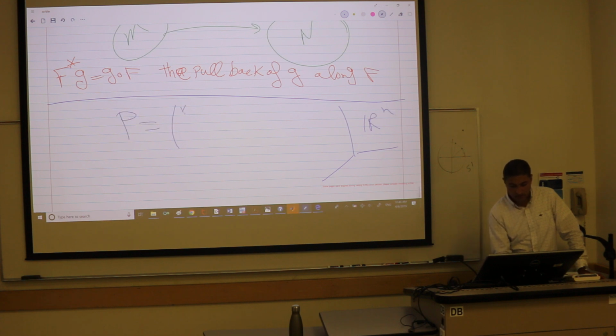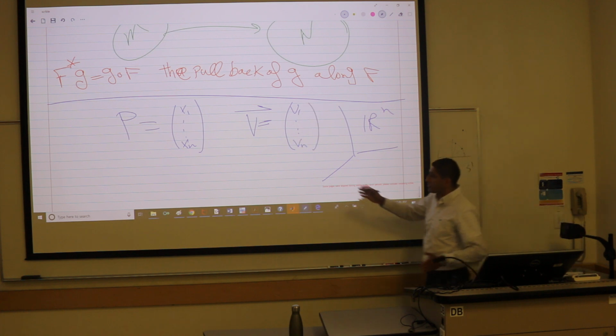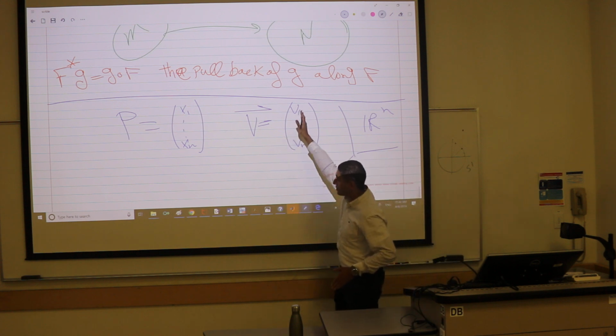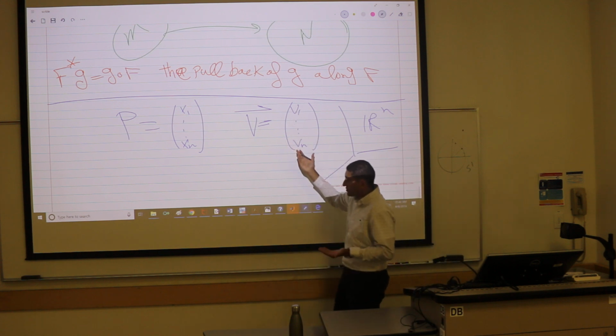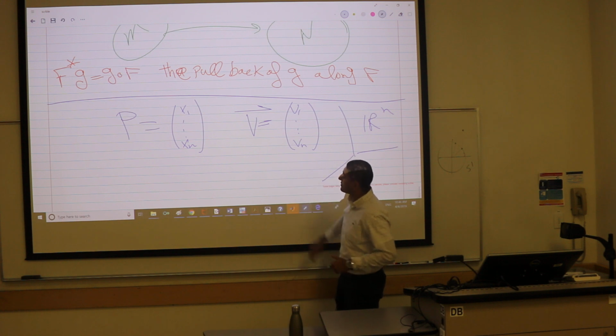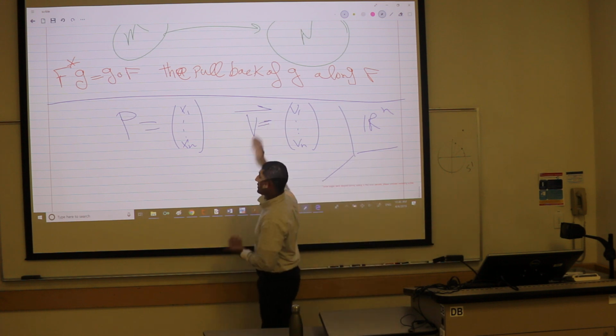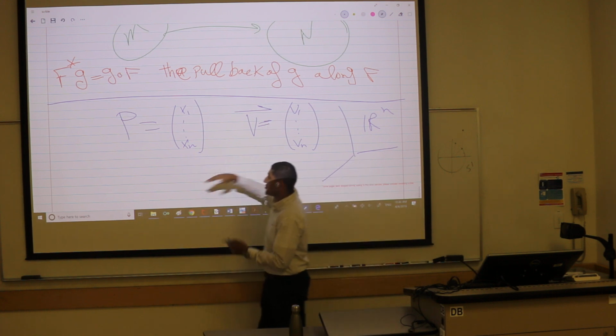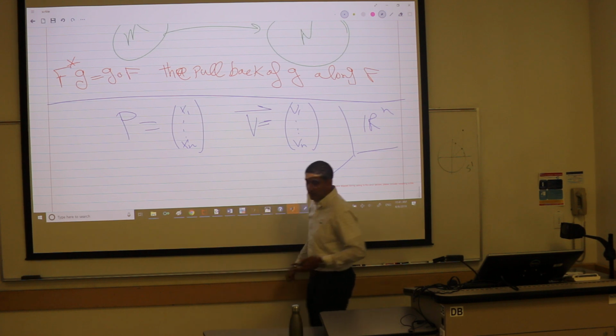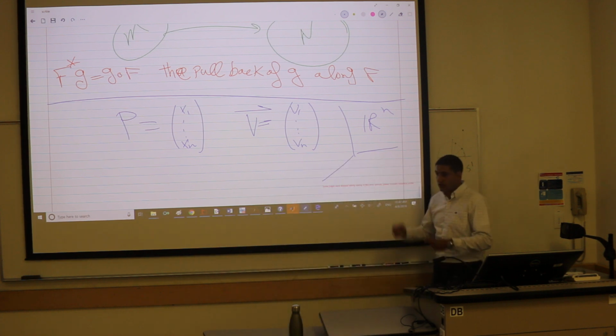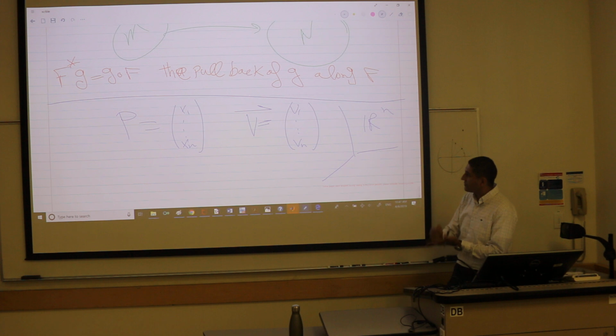It's x1 up to xn, a bunch of n numbers. What is a vector V? It's also a bunch of n numbers, but they are very different entities. This is a velocity vector. You can add velocity vectors to get faster, or scale the vector, but in general I cannot add points on the manifold. So a point is fundamentally different from a vector.